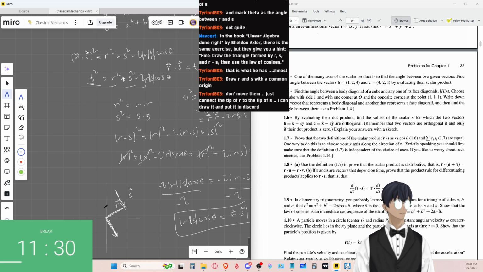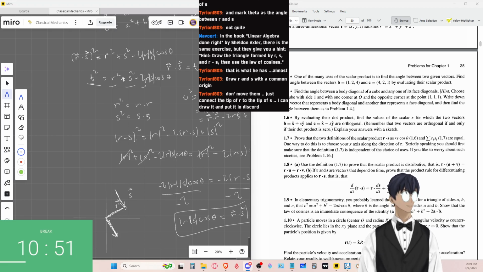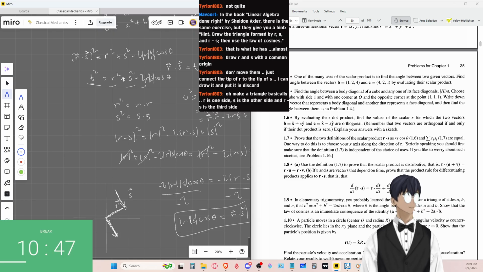Don't move them, just connect the tip of R to the tip of S. Make a triangle basically, R one side, S the other side, and the third side is R minus S.